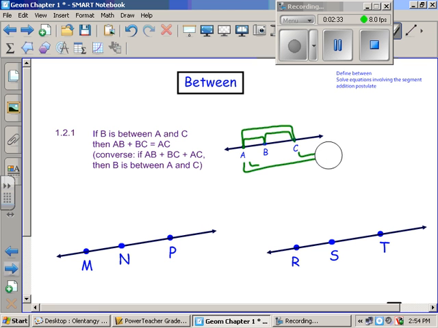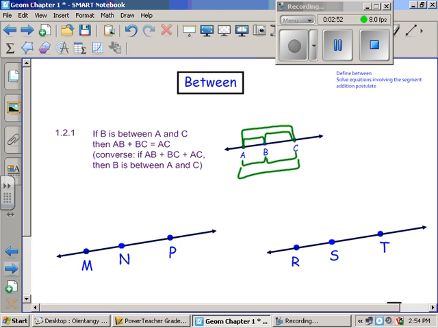So between is defined by the fact that we can add these two pieces together and get that big one. And it works the other way too. If B is between A and C, then AB plus BC equals AC.